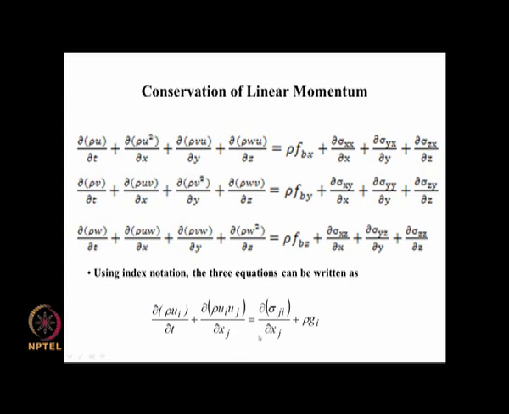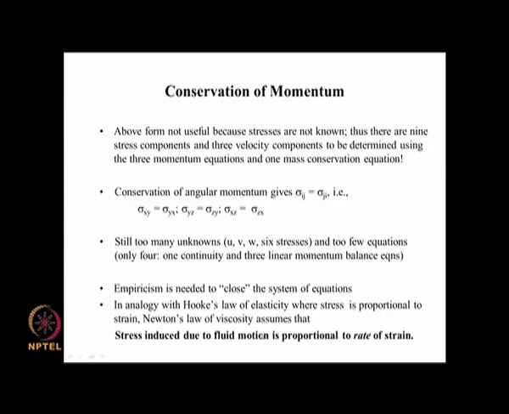So, this is the conservation of linear momentum, but we have a problem because the conservation of linear momentum in itself given like that is not very useful. If you are considering a flow in which there is no heat transfer, just air flowing over a car, you are not really interested in the temperature, you are not interested in any kind of reaction that may be happening and all that.